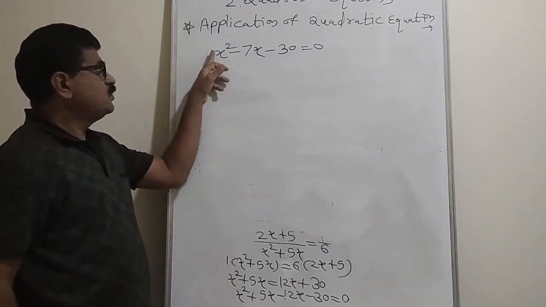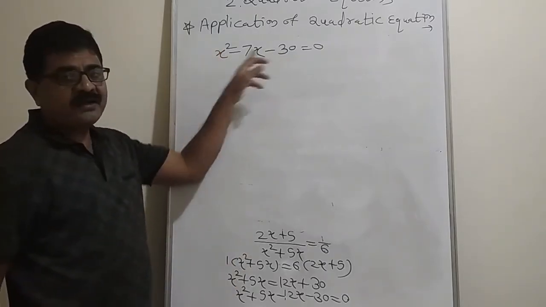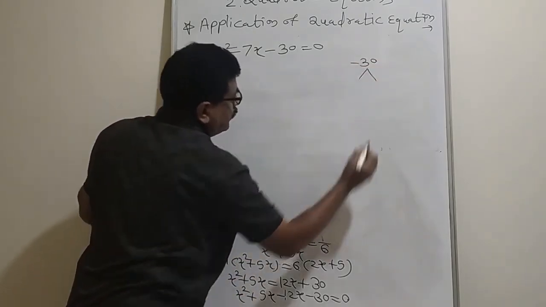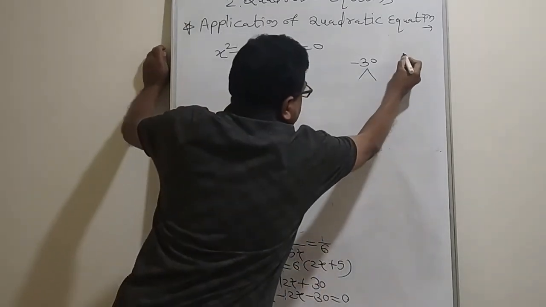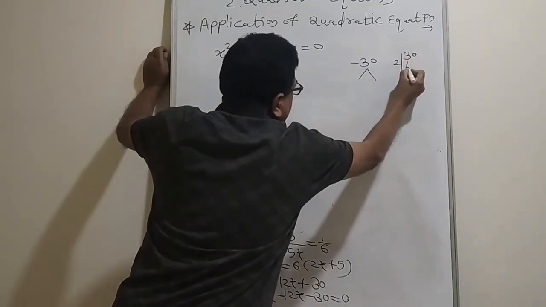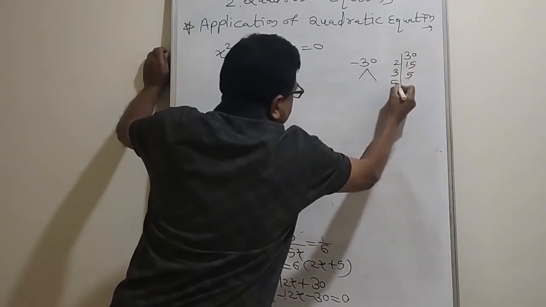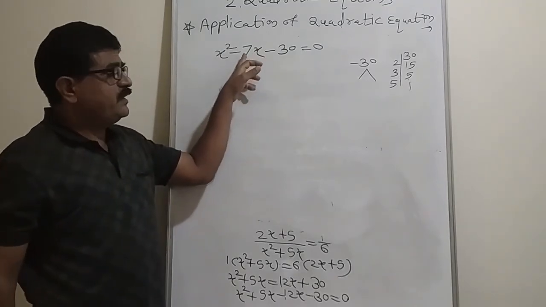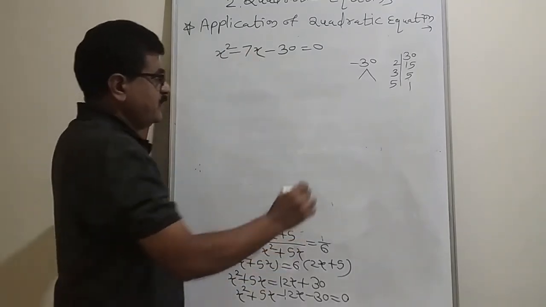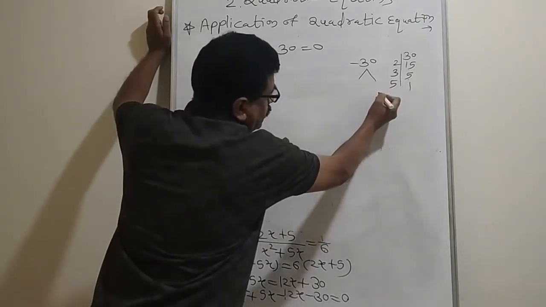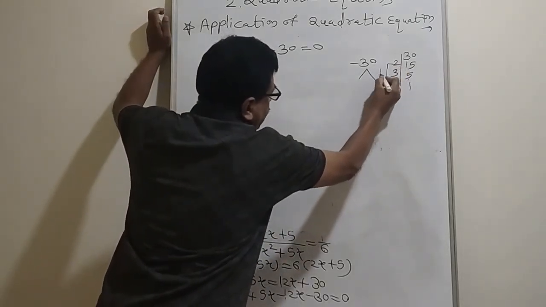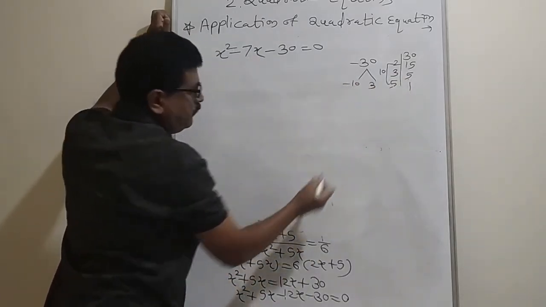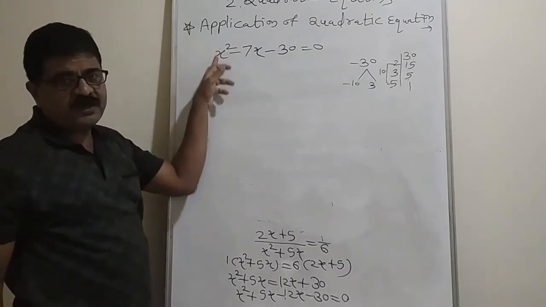Find two terms whose multiplication is 1 into minus 30, that is minus 30. Now take factors of 30: 2 and 15, 3 and 10, 5 and 6, 1 and 30. Now take two terms whose difference must be 7, that is 10 and 3. Take minus 10 plus 3.